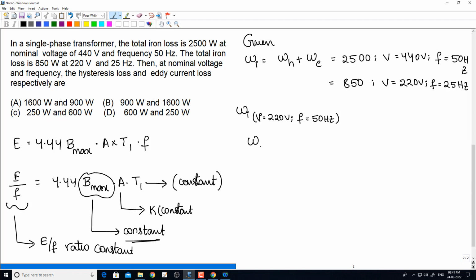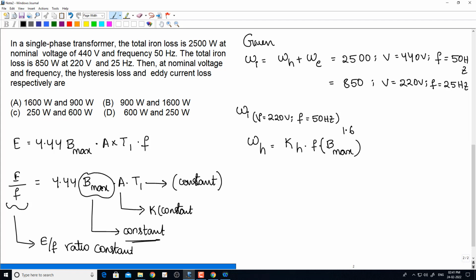And we also know that hysteresis loss is given by Kh into F into Bmax to the power of 1.6.